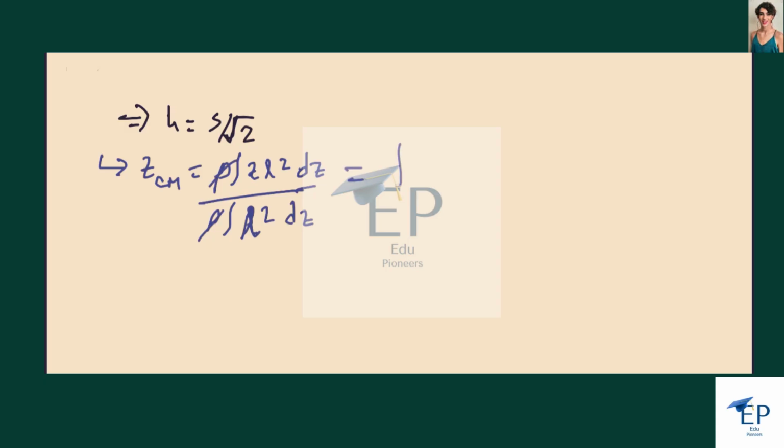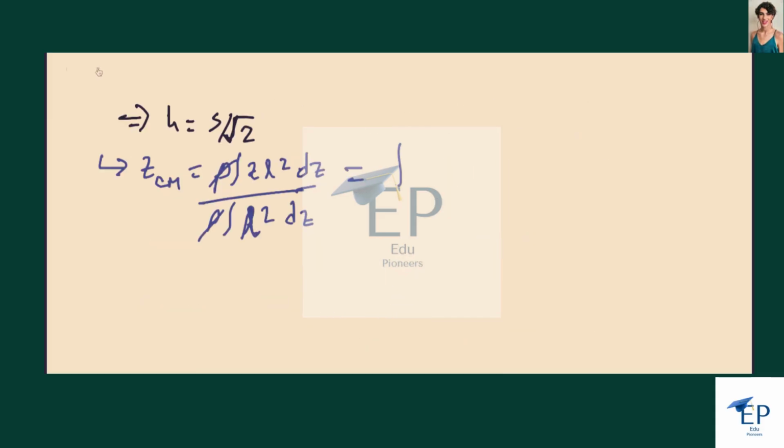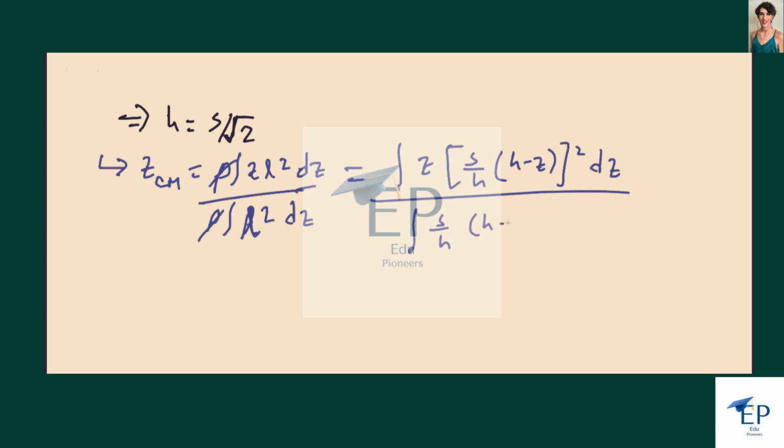And then we're going to plug in what we know L squared to be. So z times S over H times the quantity H minus Z squared dz, over the integral of S over H times the quantity H minus Z squared dz. And we're evaluating these integrals from 0 to h, obviously.